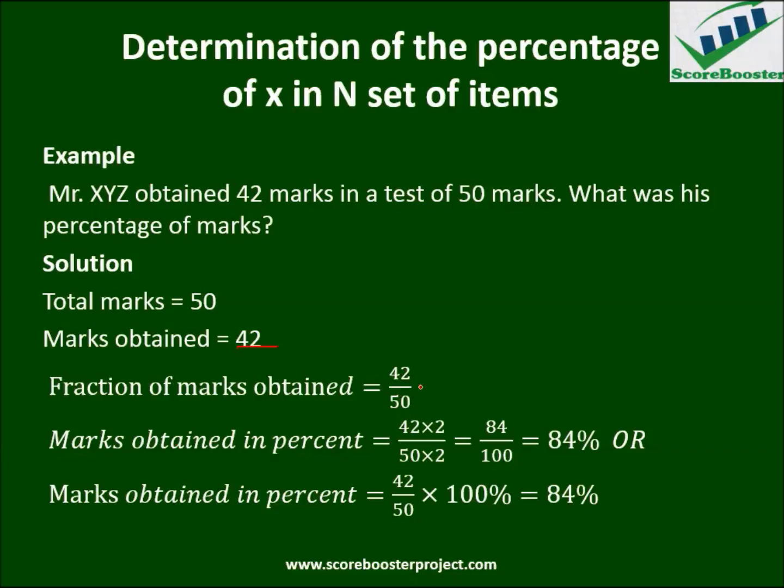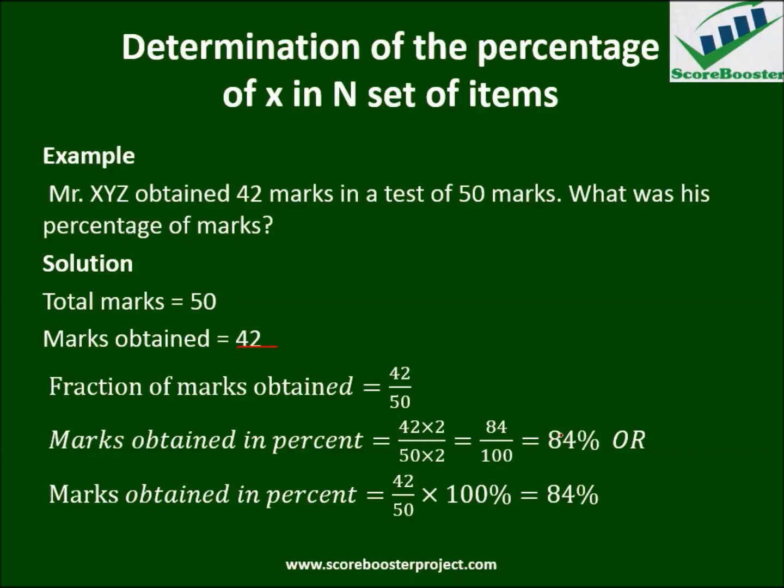To express this fraction as a percentage, we express the fraction such that the denominator is 100. To do this, multiply both the numerator and denominator by 2. So I have 42 times 2, which is 84, and 50 times 2, which is 100.